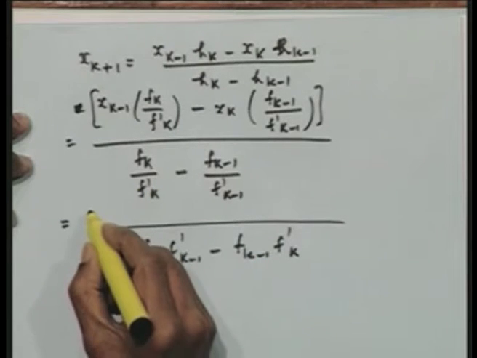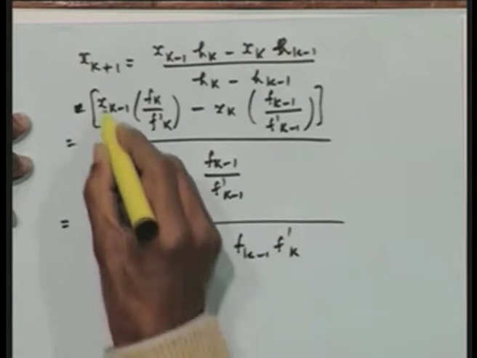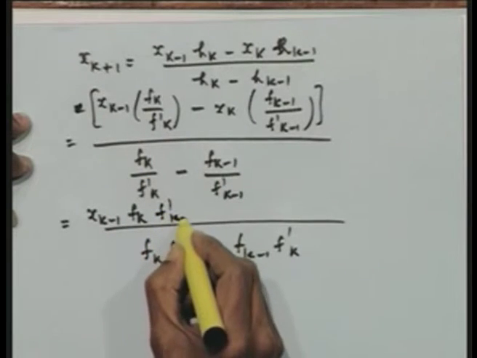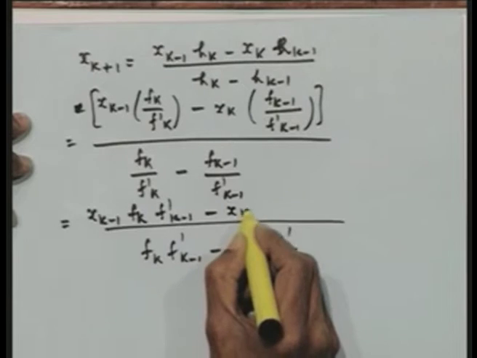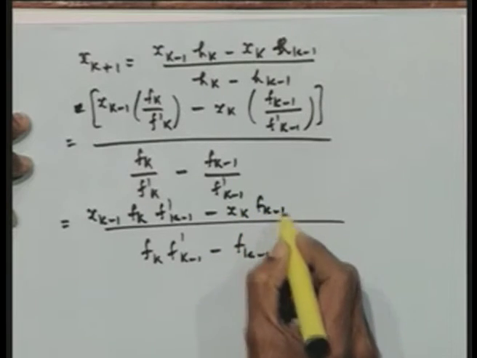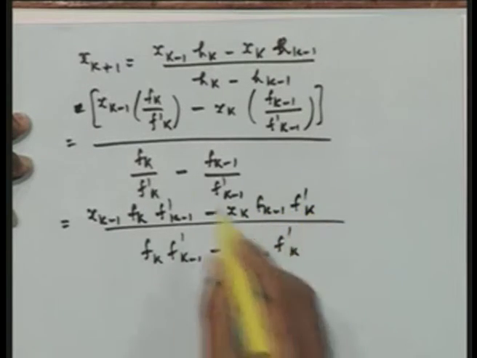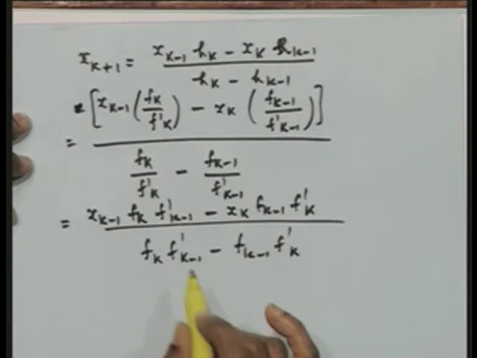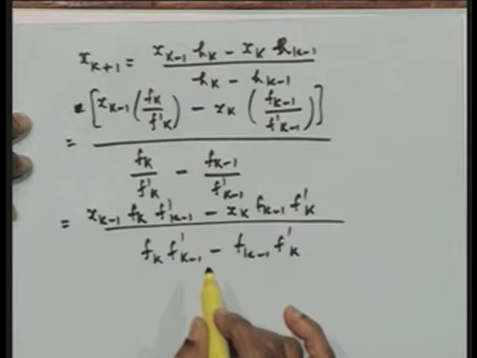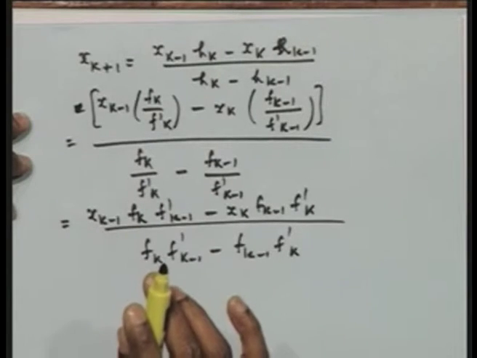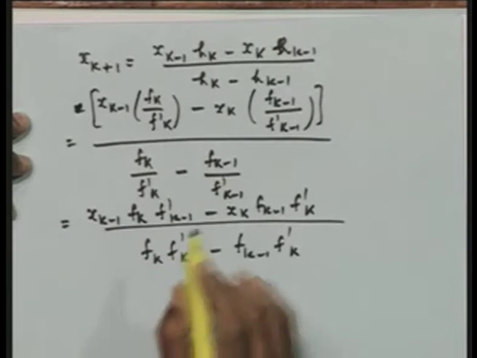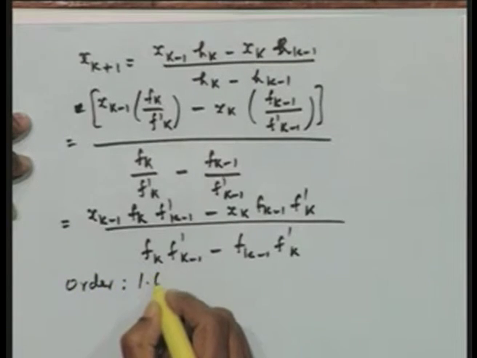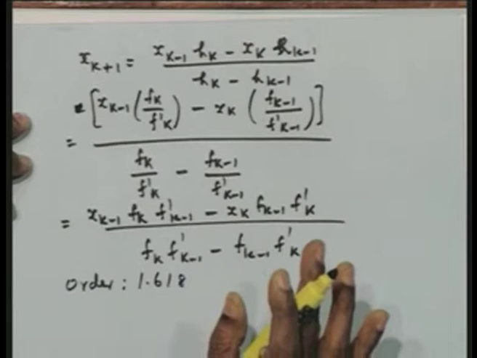So, the numerator would be simply x k minus 1 f k f prime at k minus 1 minus x k f k minus 1 into f prime of k. So, that is the simplification of the numerator. This will be the secant formula as applied to h x equal to 0. Therefore, the order of the method is the same, 1.618, and the rate of convergence would not change.